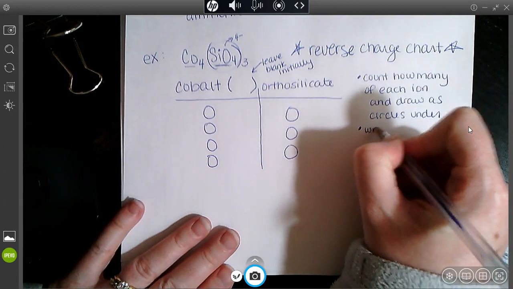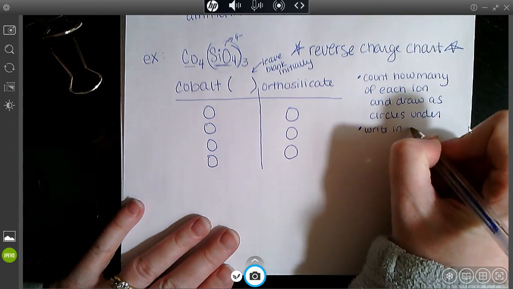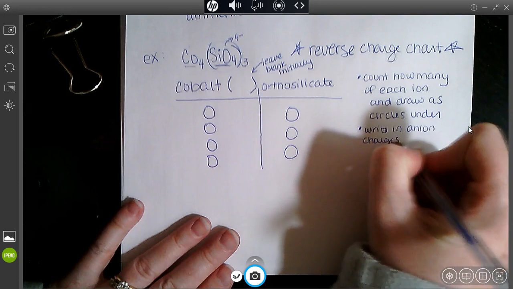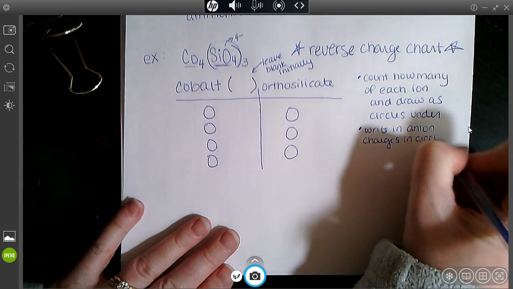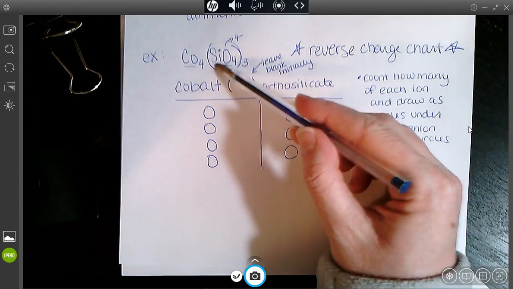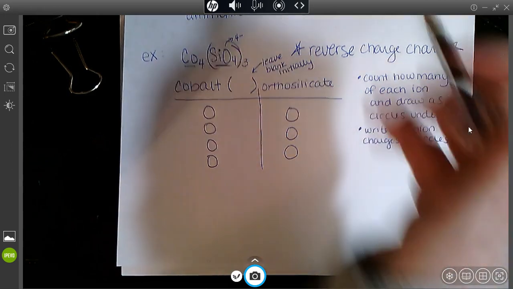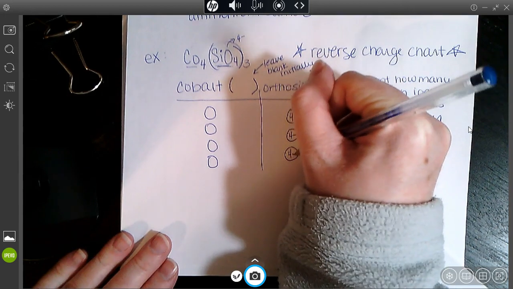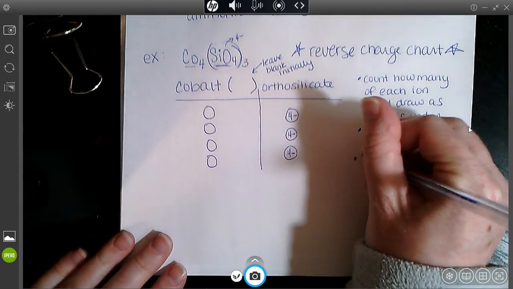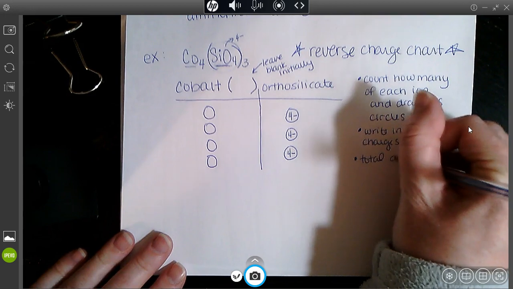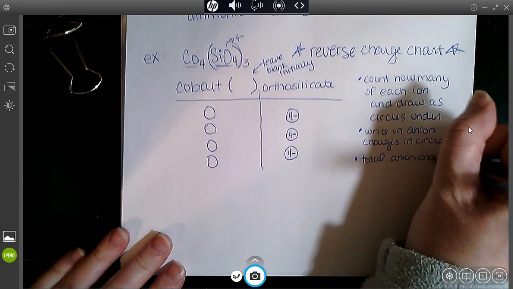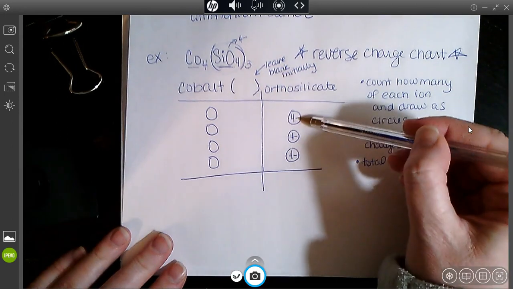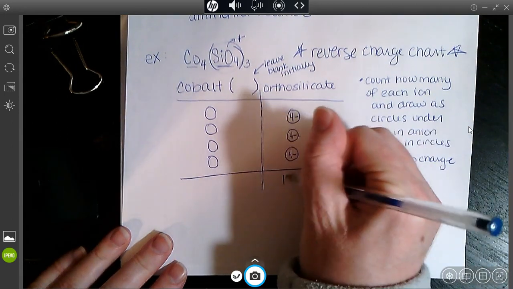I'm going to write in anion charges in circles. So my orthosilicate had a 4-, so I have a 4- on this one, 4- on this one, and a 4- on that one. Total anion charge: 4-, 4-, 4-, this is 12-.